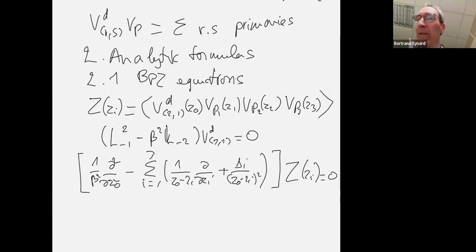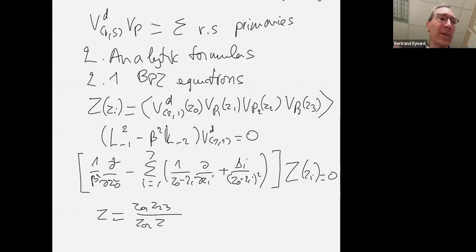Now, this equation looks a bit scary because it's a partial differential equation in 4 variables, z_0, z_1, z_2, z_3. But in fact, thanks to conformal symmetry, we'll simplify it down to an ordinary differential equation in 1 variable. Because by conformal symmetry, essentially, we can reduce our 4-point function to a function of 1 variable, which is the cross ratio z, which is z_{01} z_{23} over z_{02} z_{13}.